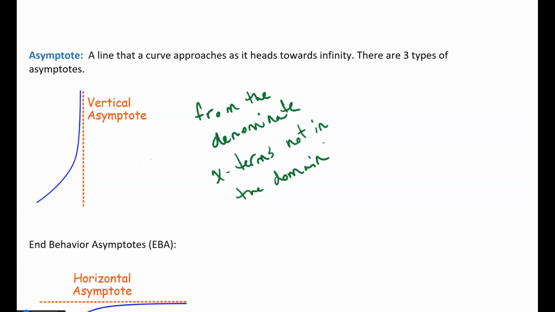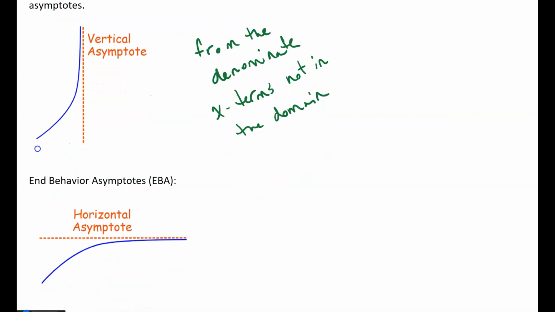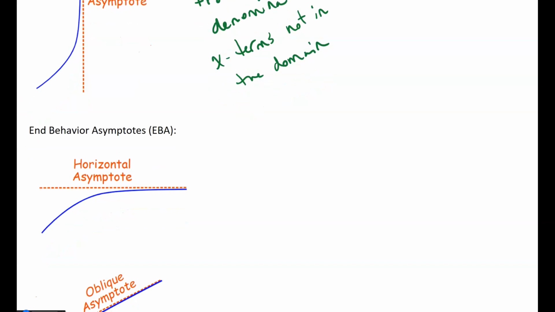Okay, now for the horizontal, this actually is what we would refer to as an end behavior asymptote, and we have 2 of those. So we're going to abbreviate end behavior asymptotes with EBA. And again, 2 of them. We've got horizontal asymptotes, which is like the one we just saw in the 1 over x. And we also have oblique asymptotes. Okay. So again, these are both types of end behavior asymptotes.